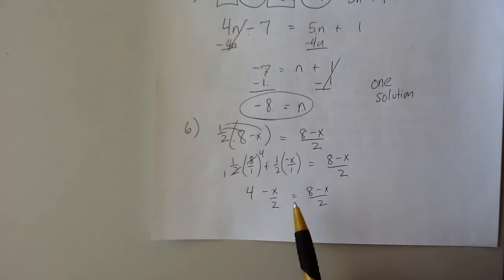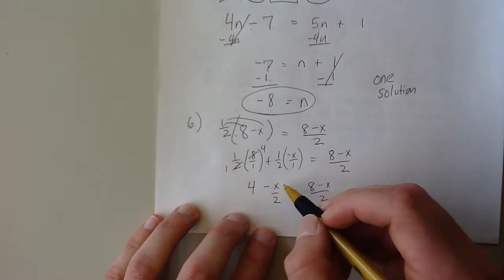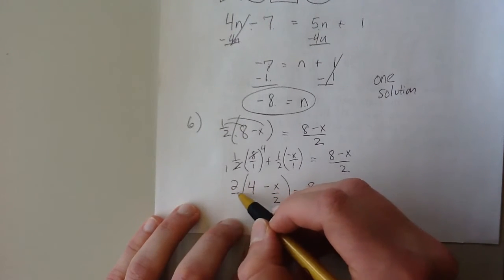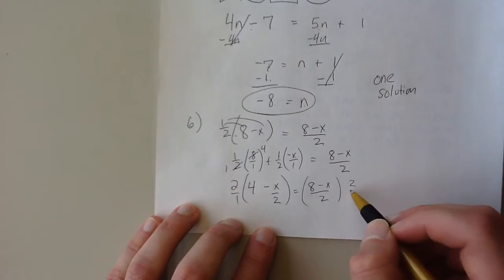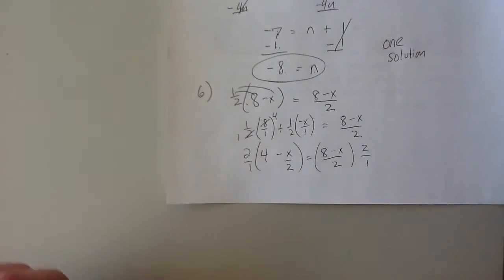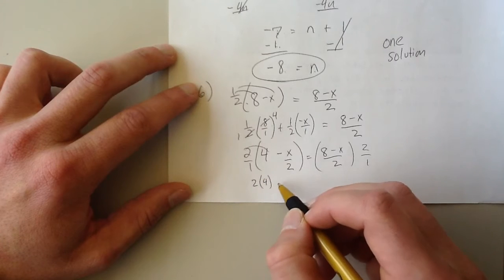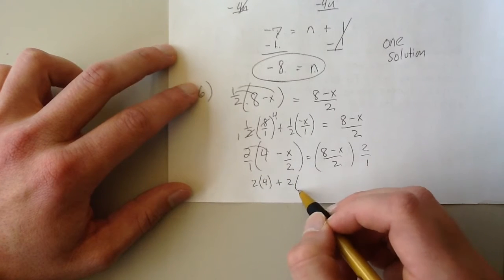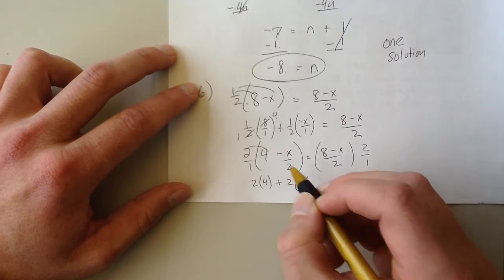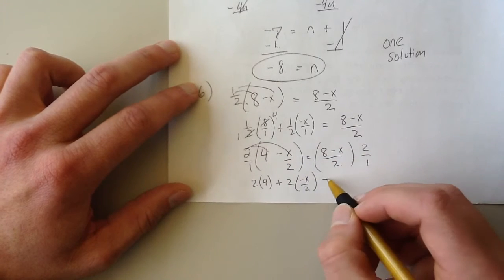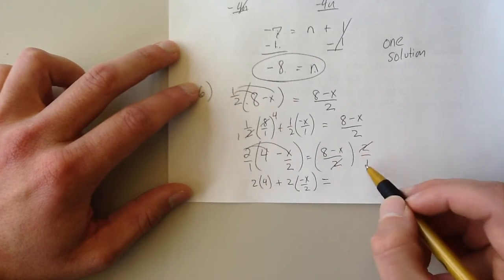Okay, so now I see that I have 2 in the denominator, so I can go through and multiply both sides by 2 to eliminate the denominator. So I multiply this side by 2 over 1 and this side by 2 over 1. Okay, if I do that, I have 2 times 4, 2 times 4, plus 2 times negative x over 2 equals, these 2's cross simplify.